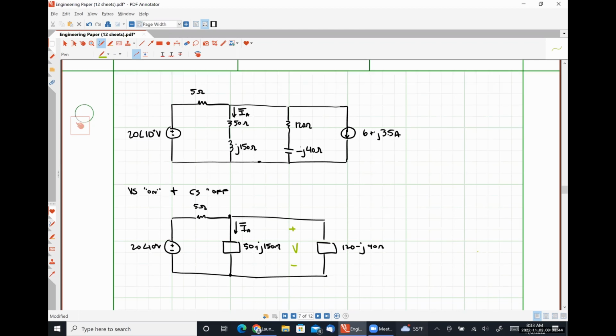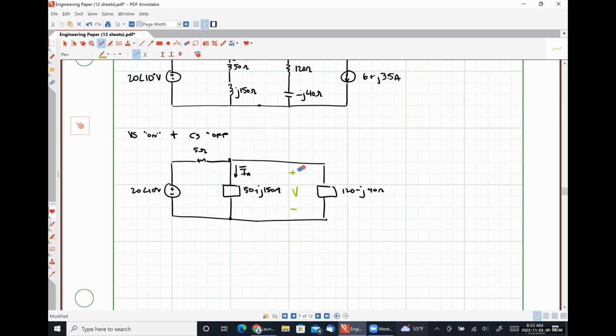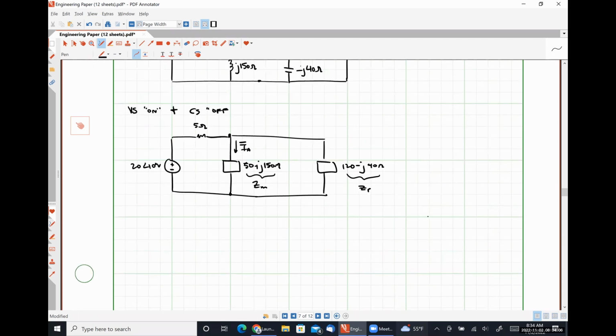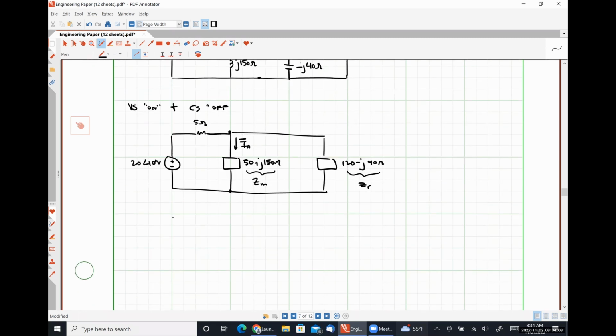Source transformation. All right, so source transformation. I'm going to call this ZM and this over here ZR, for middle and right, just for math's sake in a moment.